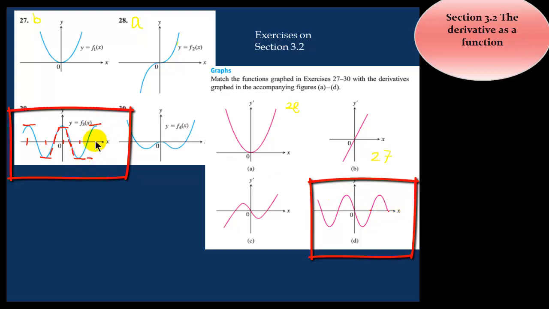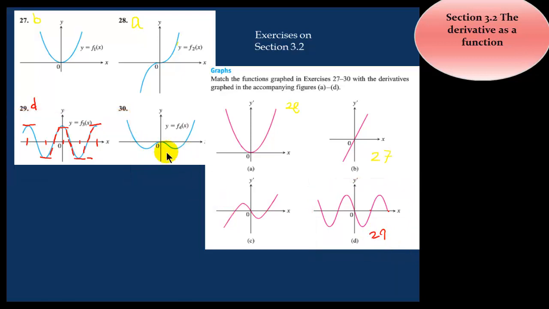And between these 2 points of the x, we see that the lines tangent to the curve all have positive slopes. So see, it occurs above the x-axis because the values of y prime here are all positive. So D matches with 29. And naturally, since this is the last choice, the graph of number 30 matches with letter C.